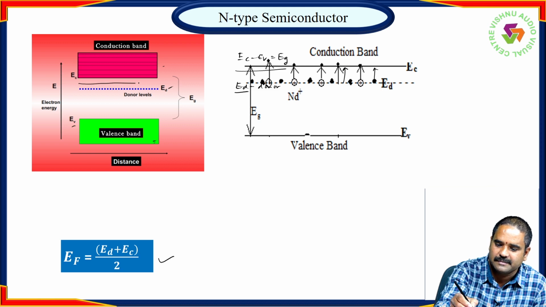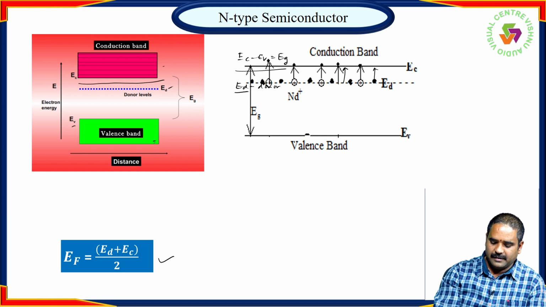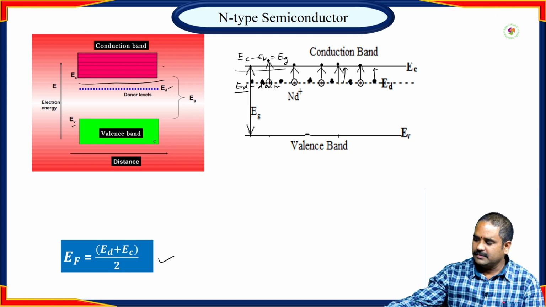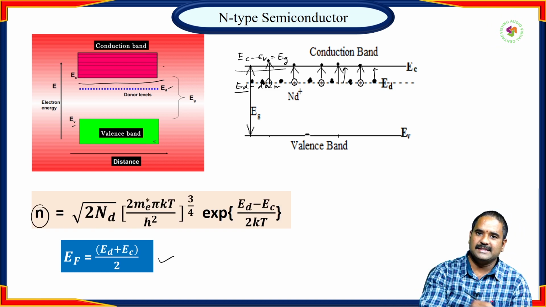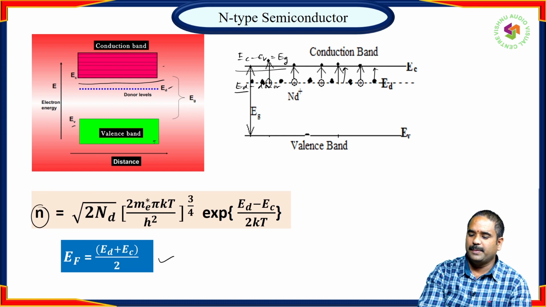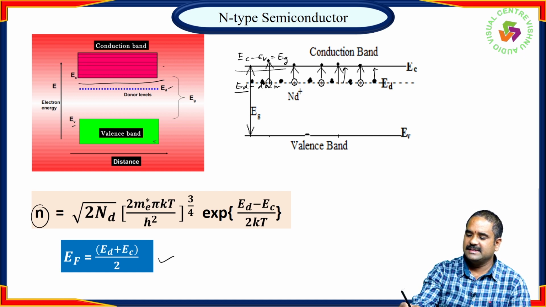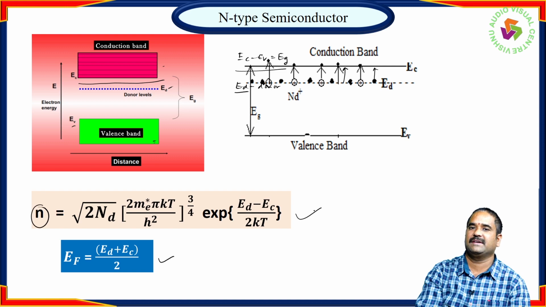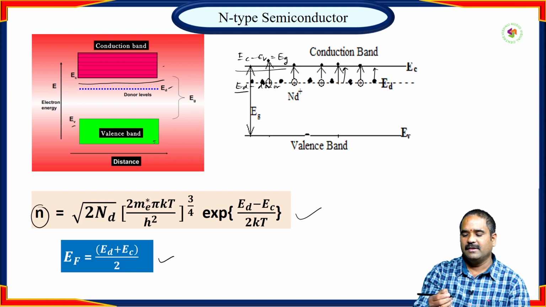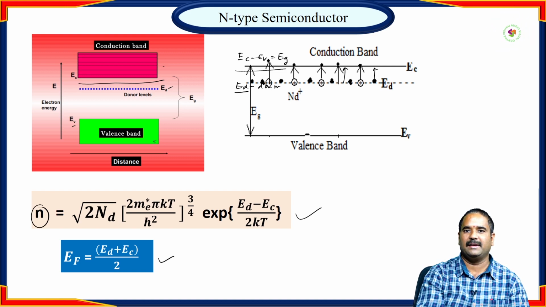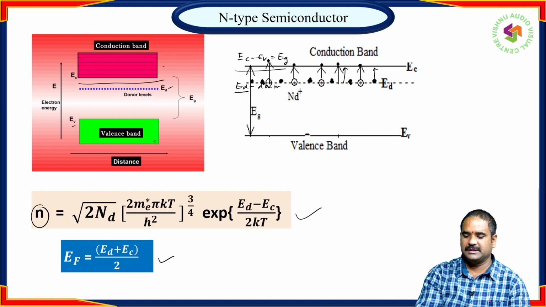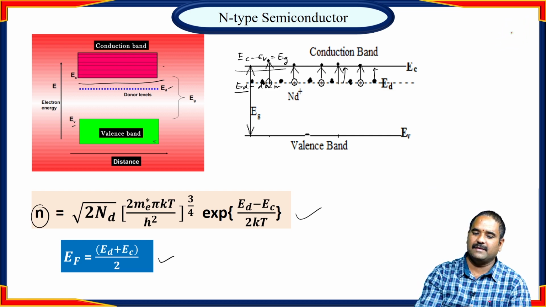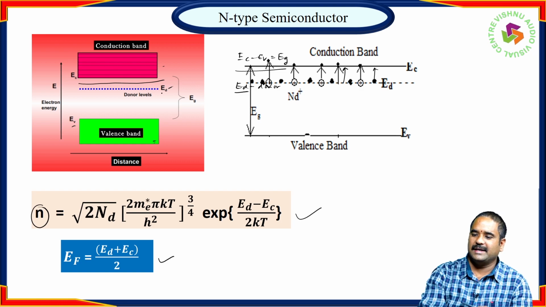The carrier concentration is n = square root of 2N_d, where N_d is the donor concentration, times (2 pi m_e* kT / h squared) to the power of 3/4, times exponential of (E_D - E_C)/2kT. This is the final expression of carrier concentration of an n-type semiconductor. We only have a qualitative treatment for the n-type semiconductor, and the Fermi level exists at the middle of the donor energy level and the conduction band.